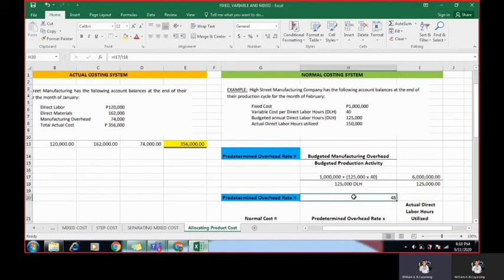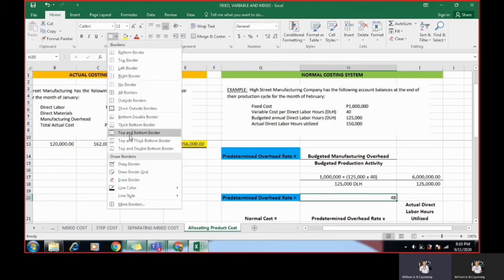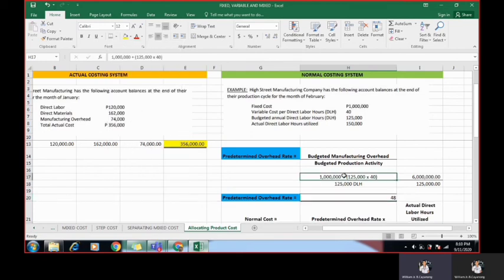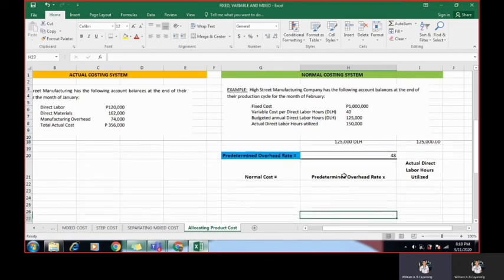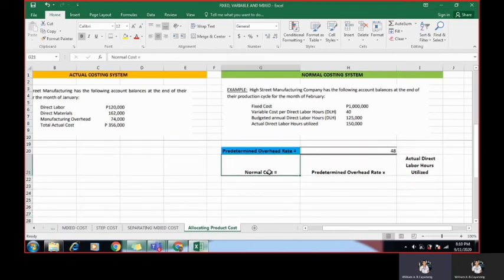So now, if we have this predetermined overhead rate na, we can solve the normal cost. So in solving the normal cost, copy this one. How much is our predetermined overhead rate? Ito, 48. So, click natin yung 48. I-link na lang natin. Enter.